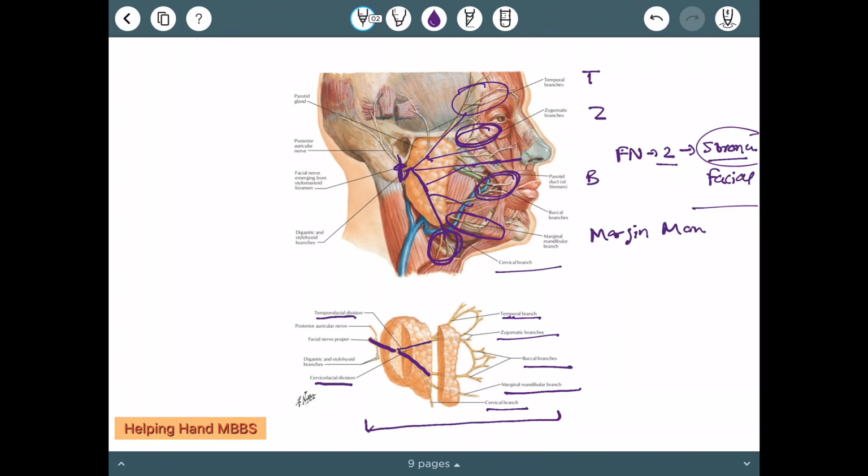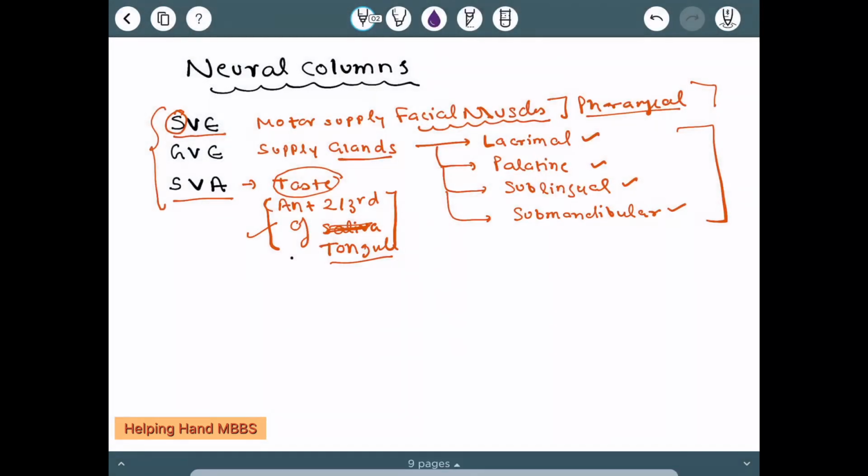So this is how we have studied all of it. Let me take you again to the neural columns. We have studied the motor supply of the facial nerve, that in the end it exits the stylomastoid foramen, enters the parotid gland and supplies the various facial muscles by 5 branches. Then general visceral efferent, by the superior salivatory nucleus, supplies the glands like the lacrimal gland, palatine gland, sublingual gland and submandibular gland.